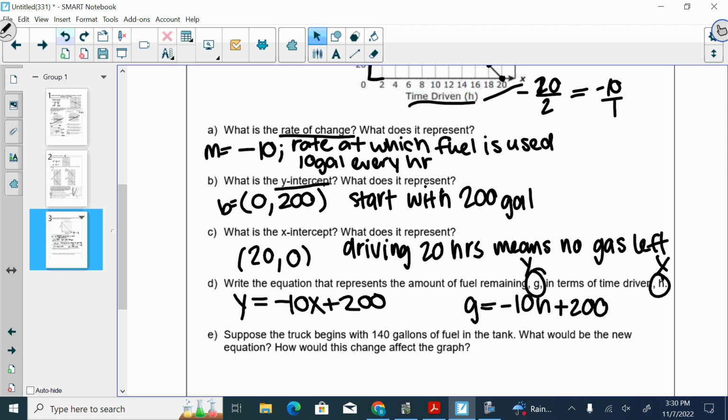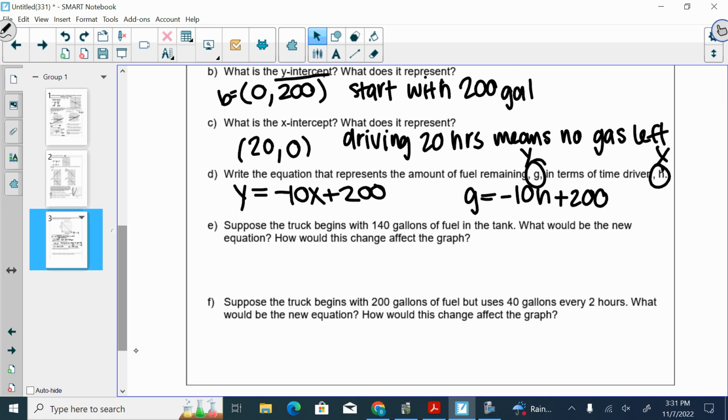Okay, so E says, suppose your truck begins with 140 gallons. So instead of starting with 200 in it, now it starts with 140 in it. What would be your new equation? Okay, so if it changes from 200 gallons to 140 gallons, is that going to change our slope at all? No. So the first part stays the same.